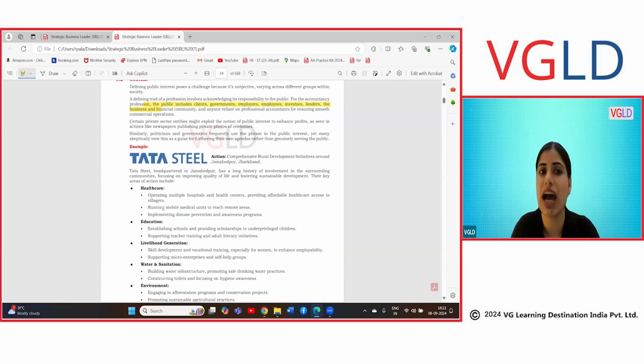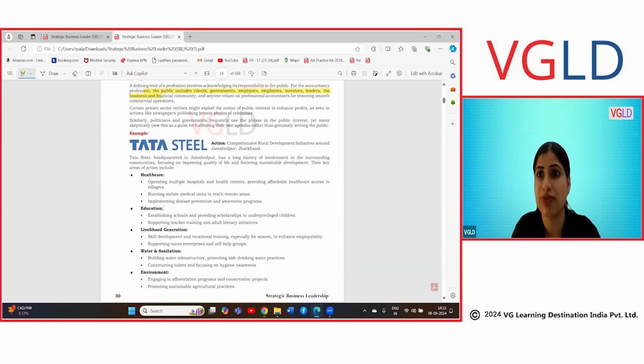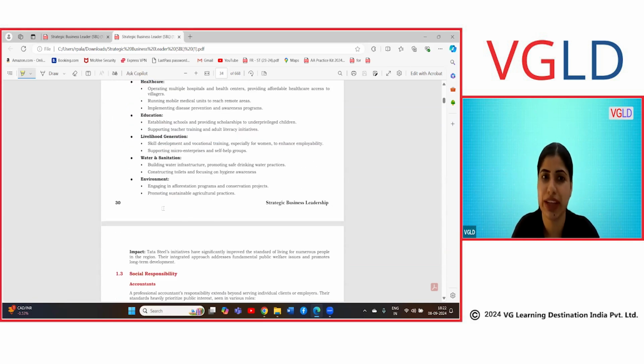Tata mentions what they are doing for healthcare, for education, for the environment using renewable or non-renewable resources, and how their business activities are contributing to other areas. This is something which you have to mention in your reporting.